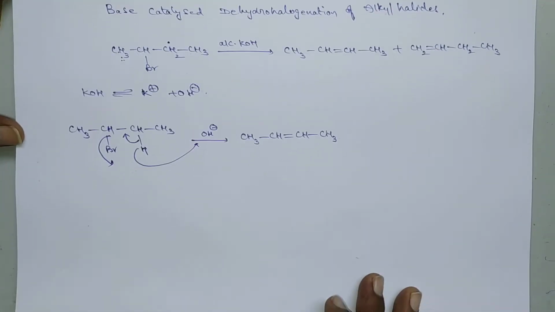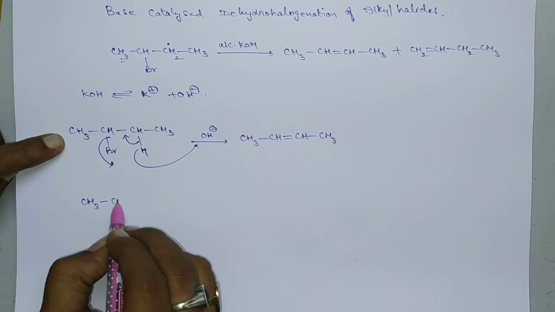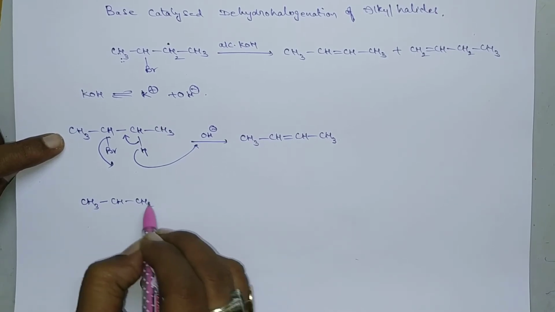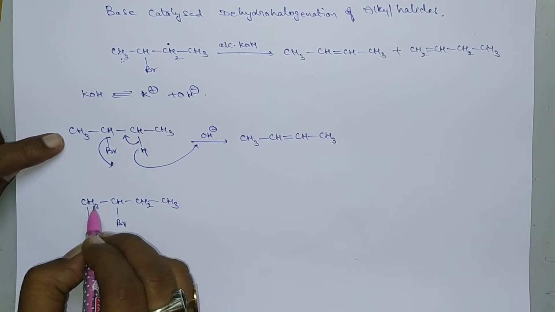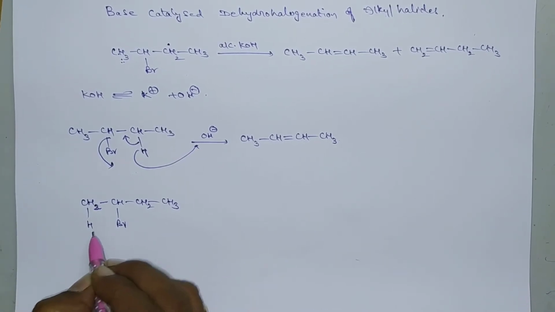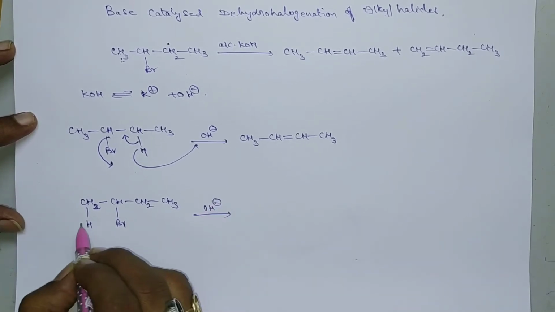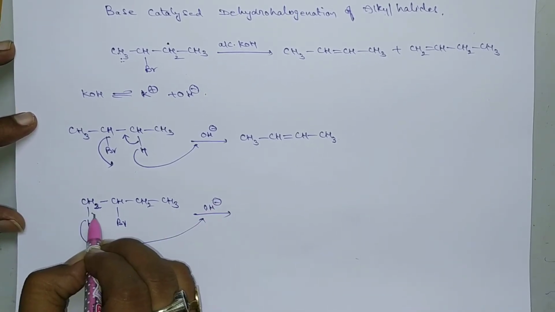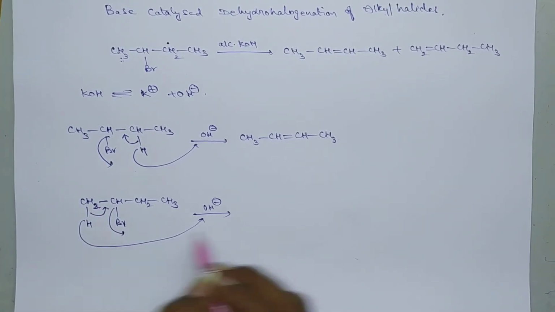Suppose the case is reverse, that means the hydrogen is abstracted from this carbon: CH, CH2, CH3, here it is Br. Suppose this is hydrogen. If this hydrogen is abstracted in the presence of base OH minus like this, then this bond will polarize towards this sigma bond and Br minus will leave out.